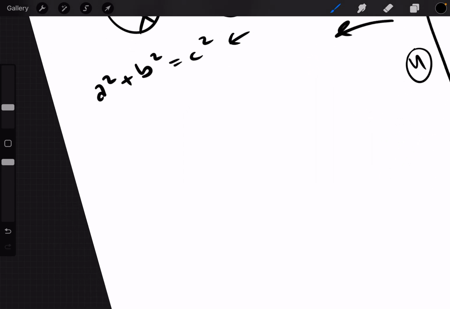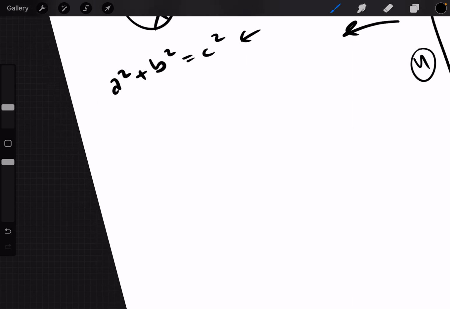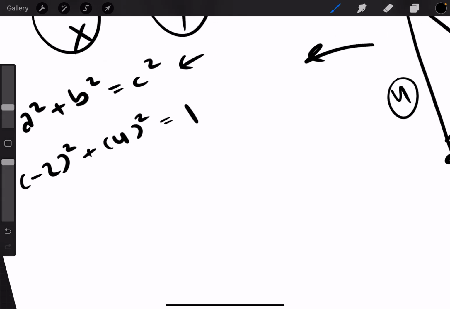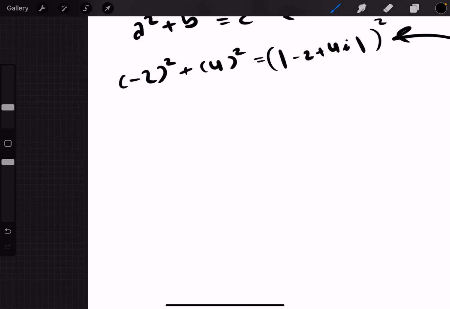This is a more simple way, but I prefer this way. A and b don't matter. I'll just put (-2) squared plus (4) squared, using parentheses, equals the absolute value of -2 plus 4i, squared. That looks a little weird, but trust me, it helps.